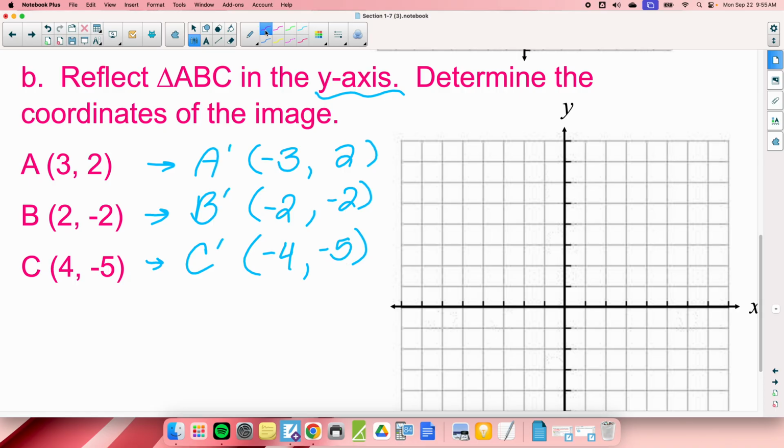Now if I go to plot the first A, B, and C, A is over 3 up 2. The A, B, and C are the same as up above. B is over 2 down 2. And C is over 4 down 5.